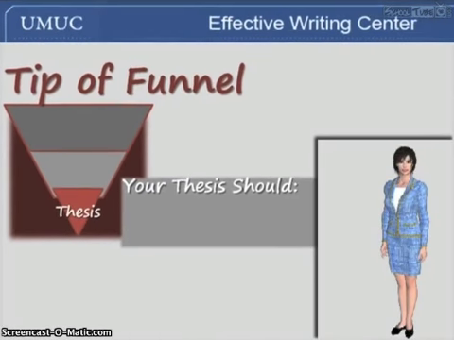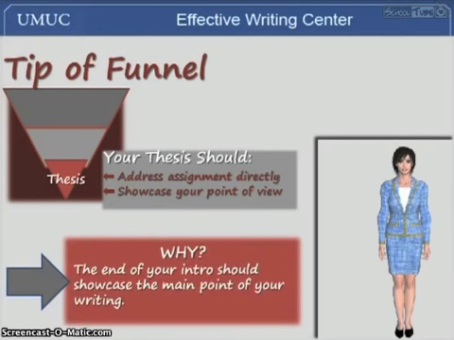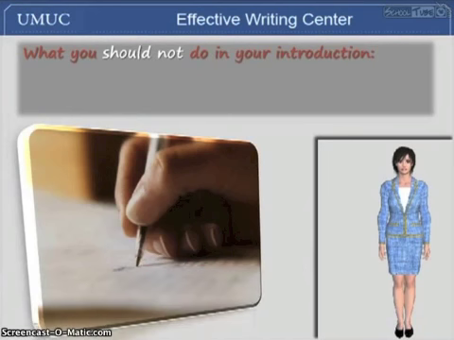The two main features of the thesis are, first, it addresses your assignment in a direct way, even to the point of repeating key words of the assignment directions. Second, the thesis presents your point of view or slant on the topic. The thesis is the core of your writing, around which all of the other parts revolve, and it must be showcased here in your introduction.